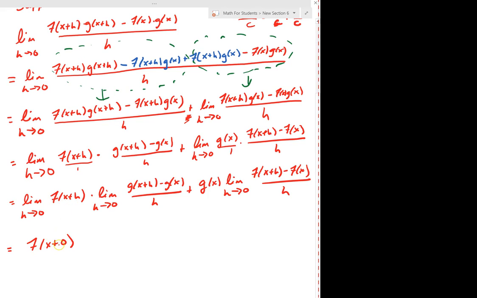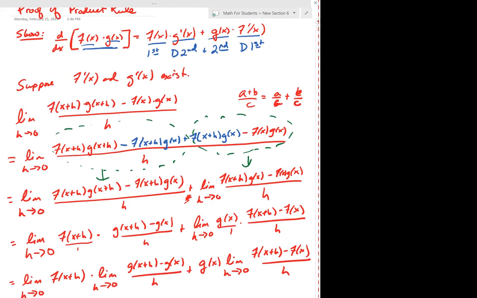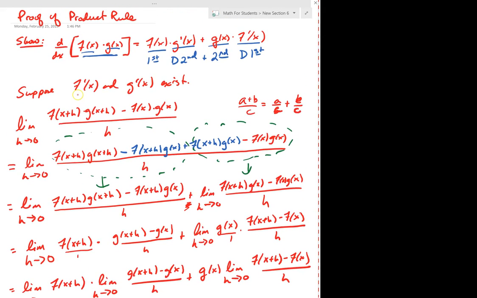We require that it be continuous. Do we know that f is continuous? Well, I didn't come right out and say that f is continuous, but I did say that f is differentiable, which means that for any values for which it's differentiable, it's also continuous. So by saying that the derivative of f exists, I said that it was continuous, and so that's what allows me to evaluate that with direct substitution.